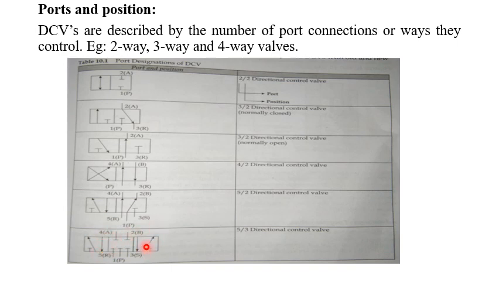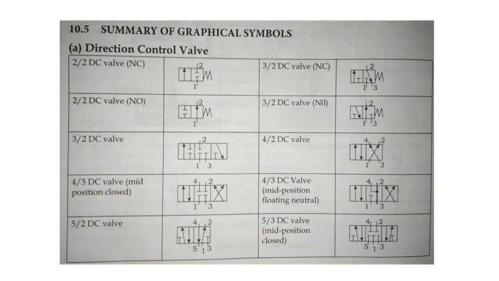If you come to the third or second position, the pump port will be connected to 2, and 4 to 3 and 4 to 5 is the return, and number 3 port is closed. This is how we identify the ports and positions of the direction control valve.